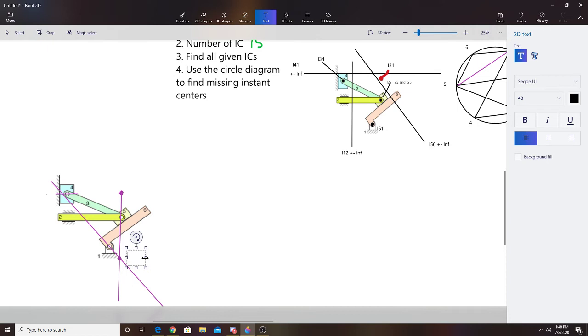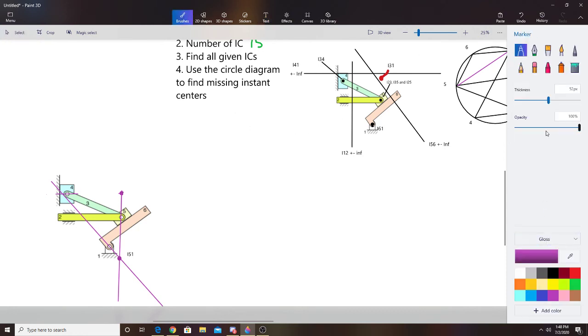This one was what? 5,1. So I51 should be right there, and I will go ahead and write that one in our problem. I'll put a dot there, but it'll probably be a little bit off of where it's supposed to be. But I51 looks like it's going to be right here.